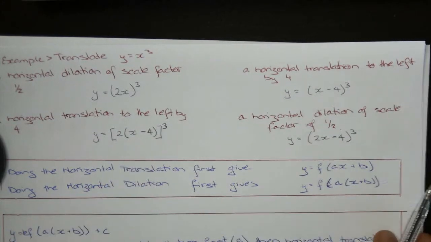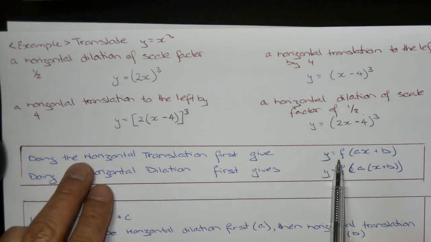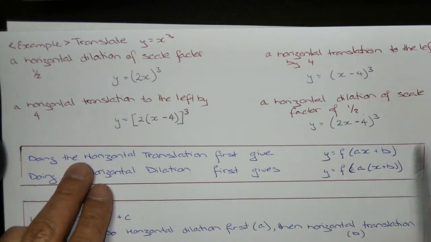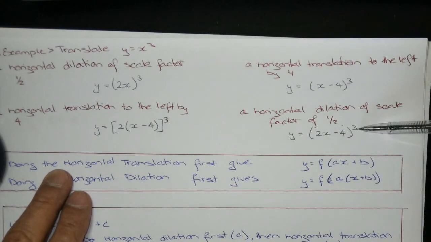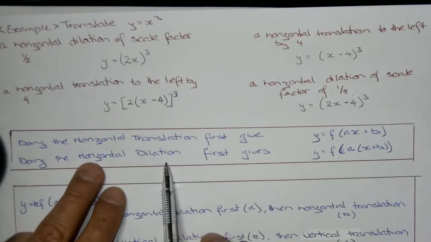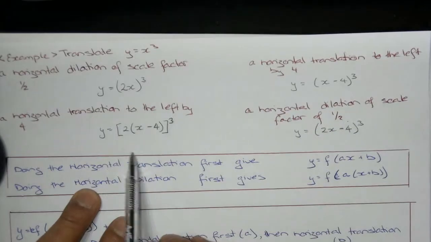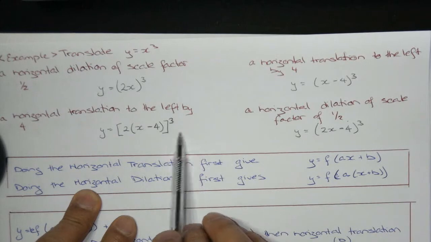Doing a horizontal translation first is going to give you f(a(x + b)), as you can see here. If you did a horizontal dilation first, it's going to give you f(ax + b), as in this example.